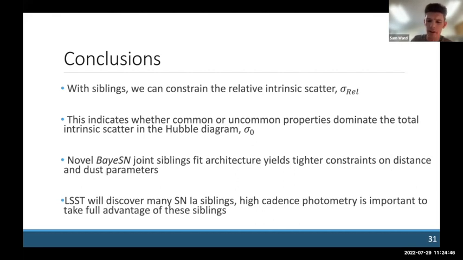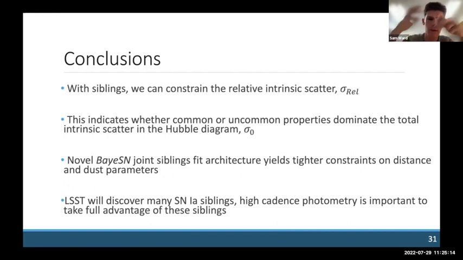Or even the same galaxy, same location within the galaxy. Sorry, I don't know if you cut out there, but I'm not entirely sure what the question is asking.